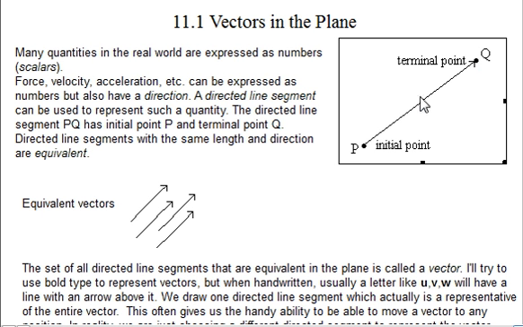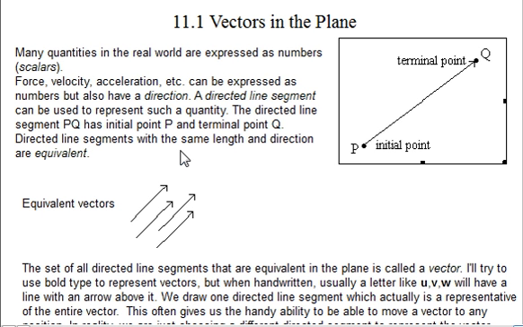If we talk about the directed line segment PQ, then P is the initial point, Q is the terminal point, and the little arrowhead on there says in this direction. Right? Which, of course, this force would be different from a force going this way, right? Kind of the opposite.